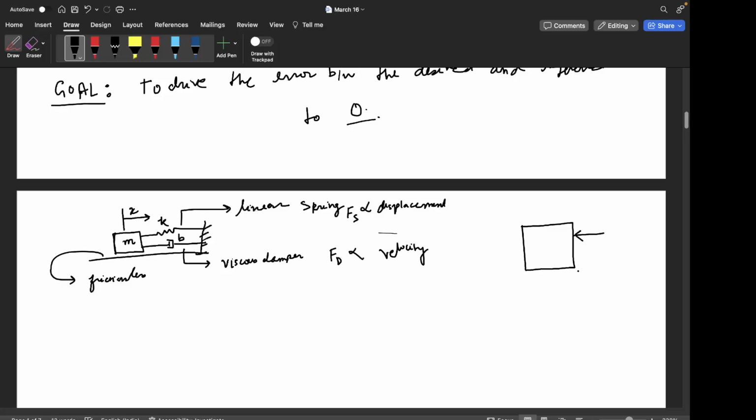If you push the block to the right, the spring will try to push it back to the left. So F spring will act like this, and F damping will act like this. There is also the weight of the block acting, which in our case is getting supported by the normal reaction, and since there is no friction, these are the external forces on the block, and this is what we call the FBD, the free body diagram of the system.